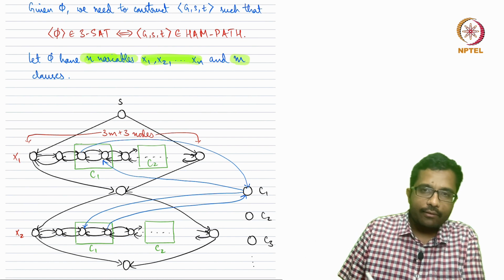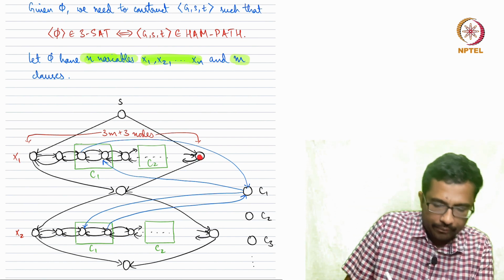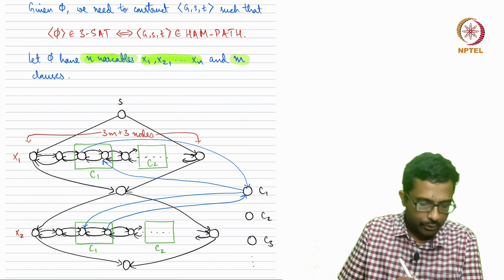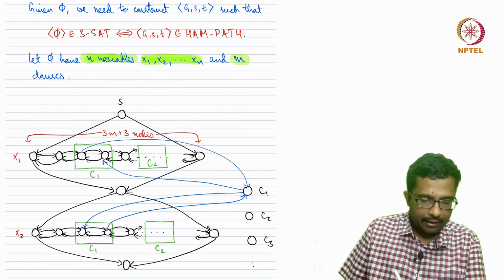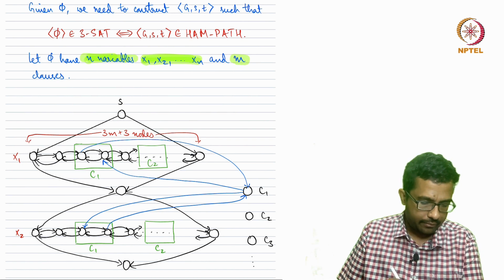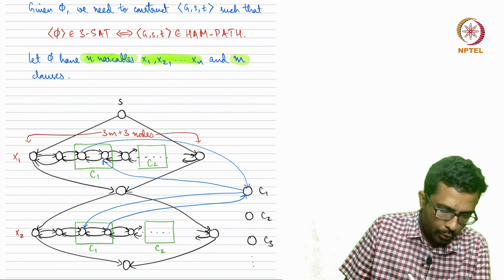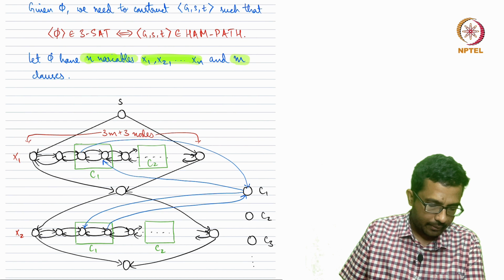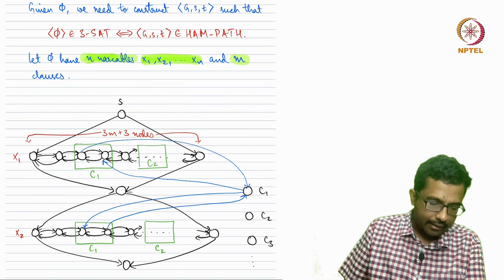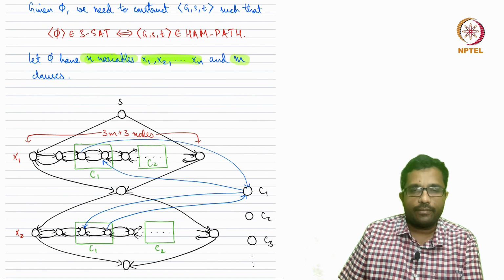Then we skip another vertex, and the last vertex is the rightmost vertex. You can check the count and verify that this indeed gives us 3m plus 3 nodes. There will be 2m for the clauses, and at either end the number will be m plus 3, so we get 3m plus 3 nodes.